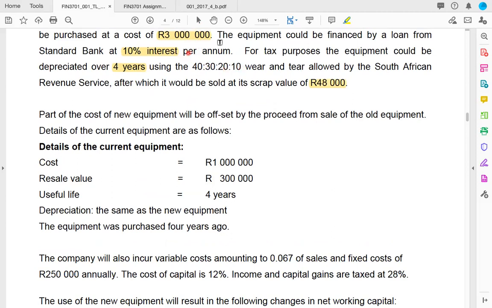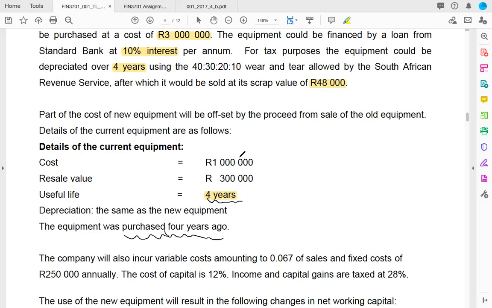However, because this machine has already had a useful life of 4 years, it means that it's been depreciated to a book value of 0. So its book value is now 0 because it was purchased 4 years ago and it's got a useful life of 4 years.